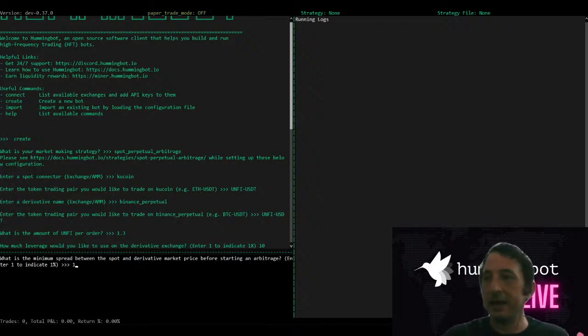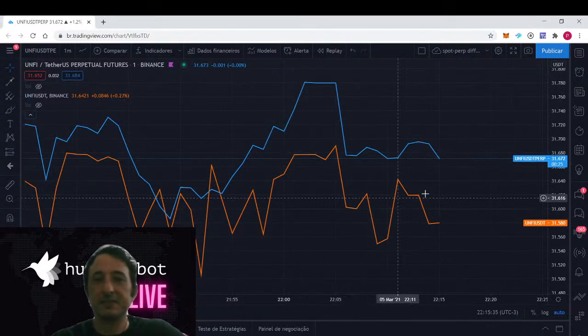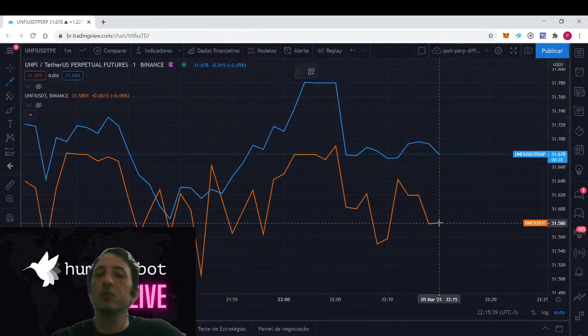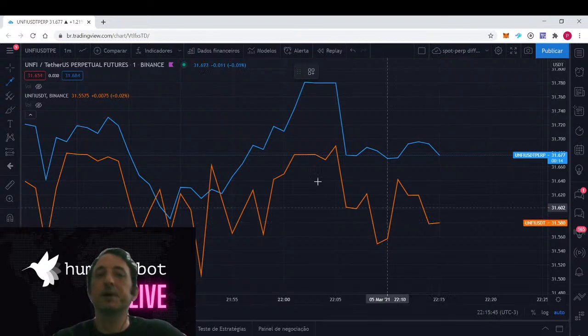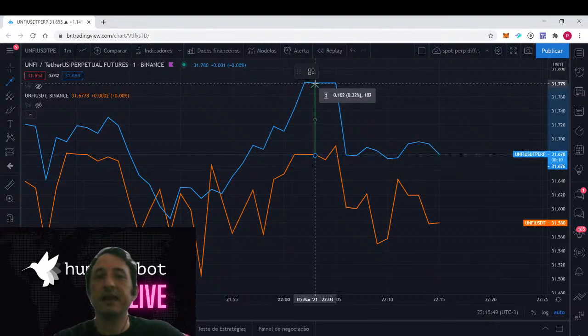This goes back to the graphic. For example, if I set a value so that the arbitrage only starts when there is a difference between these prices of at least, in this case, 0.32%.